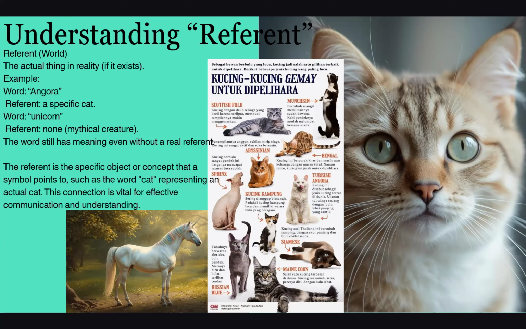It's not real, but it is present in language. The unicorn is a mythical creature, often depicted as a horse with a single horn, that does not exist in reality. This legendary animal is a product of folklore and imagination rather than a species found in nature.